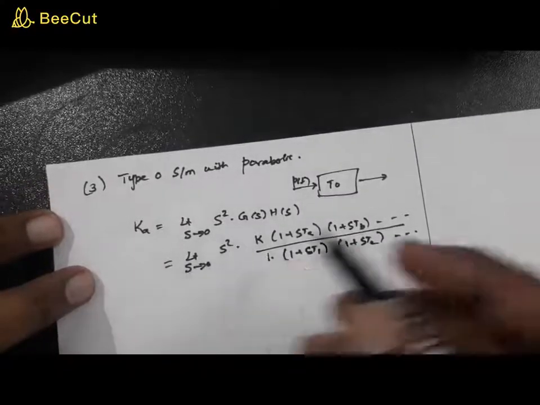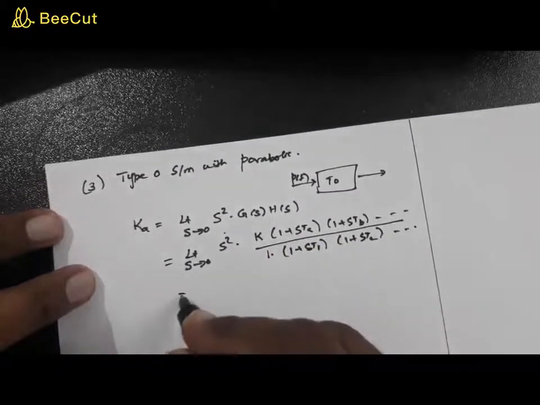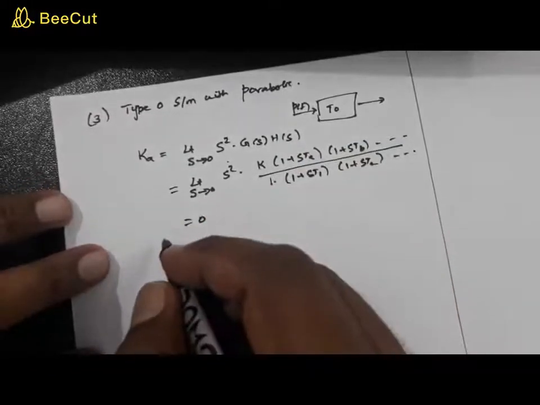So when you put s equal to 0, this automatically becomes 0. So that means Ka is equal to 0.